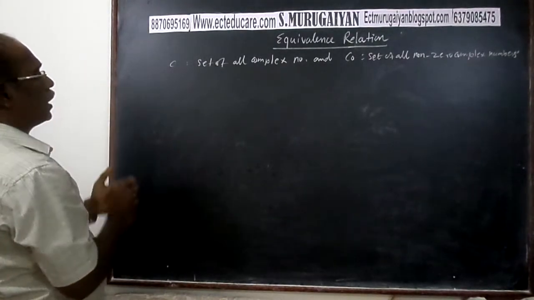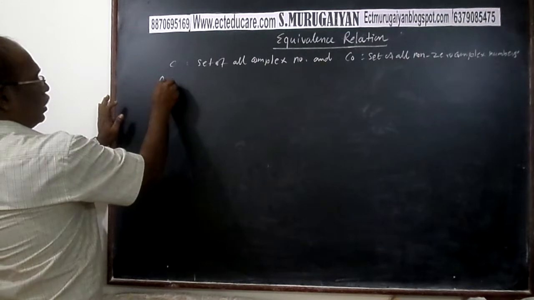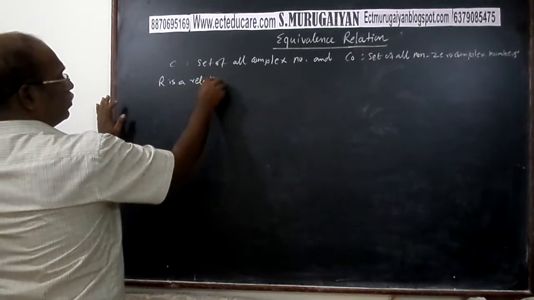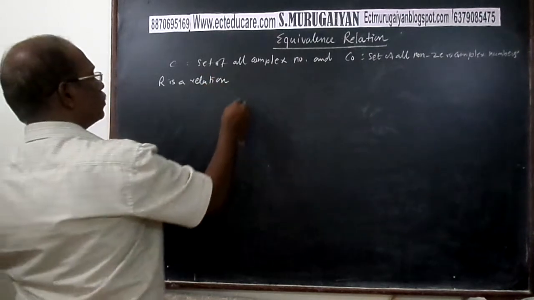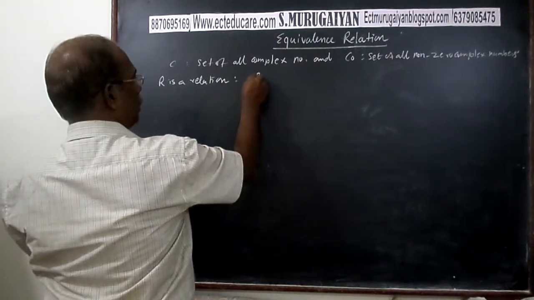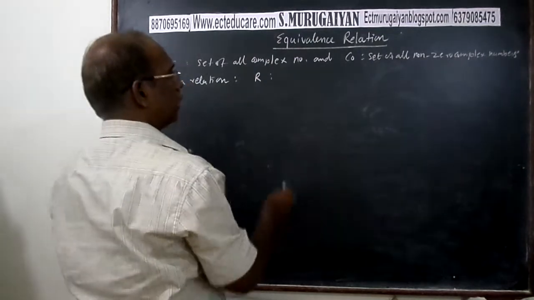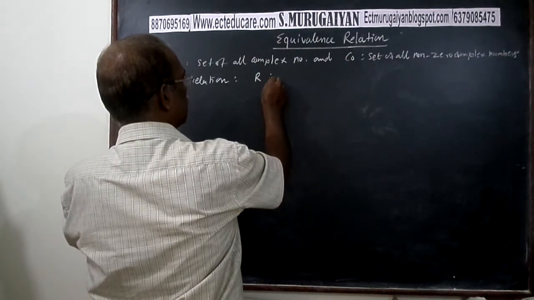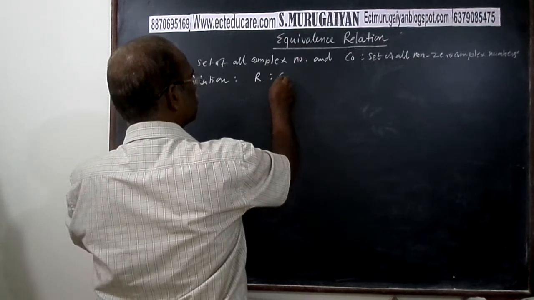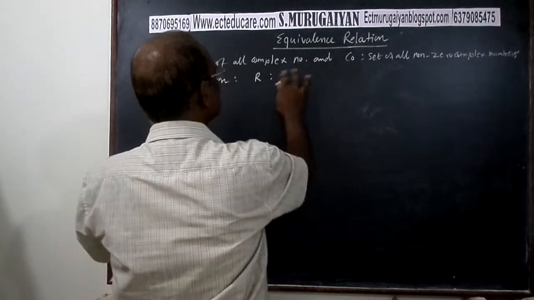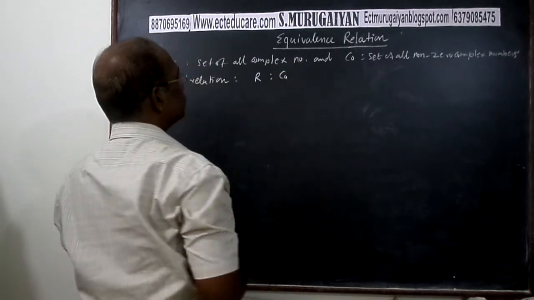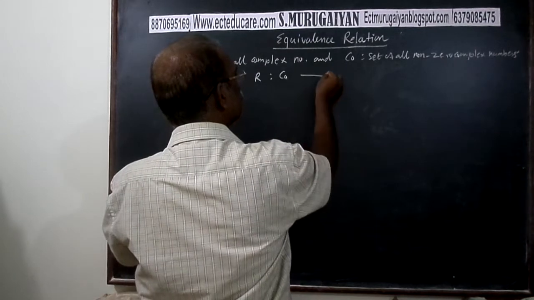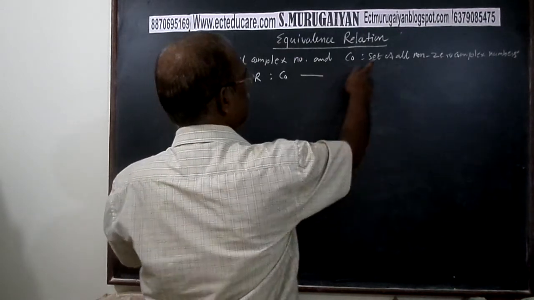Then let us consider a relation R, such that R has the domain C naught, it is C naught cross C naught.